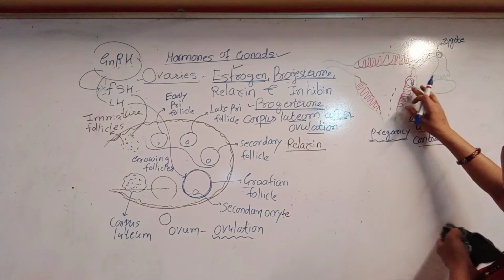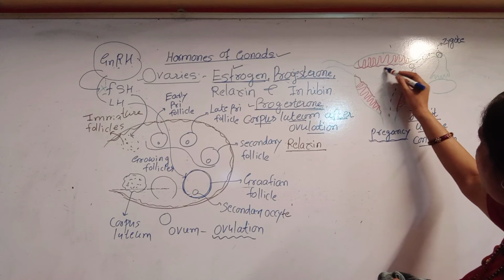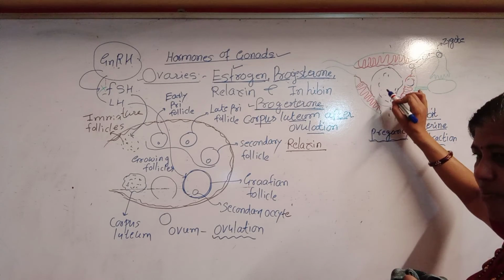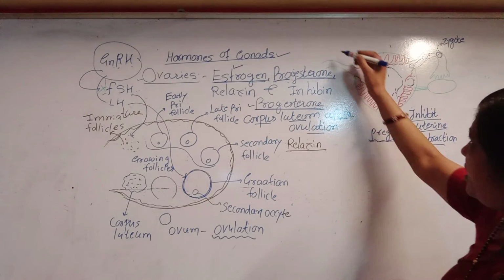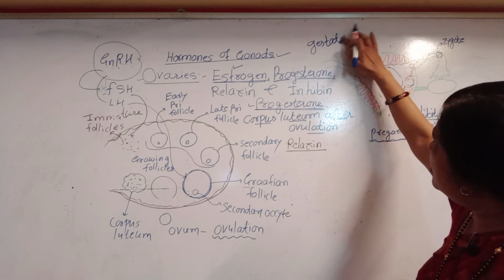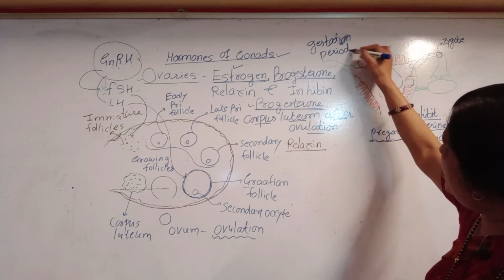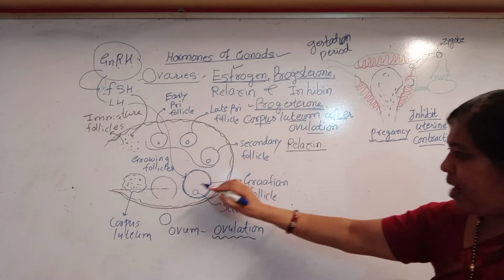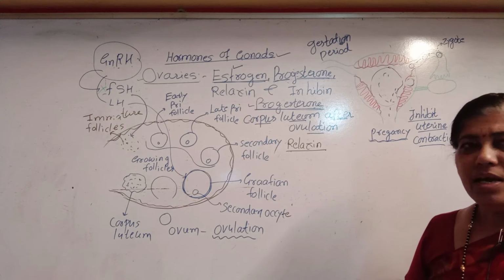So if this is a pregnant uterus, the uterus contains a fully developed baby, and the gestation period is over. After the completion of the gestation period, the corpus luteum secretes the relaxin hormone.